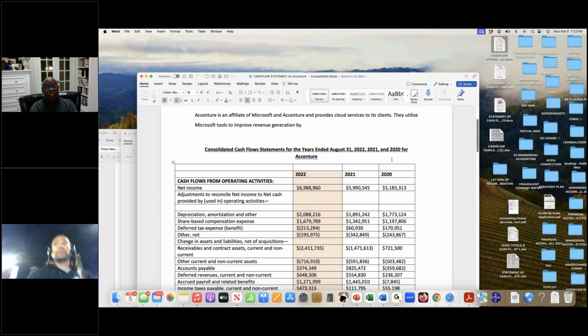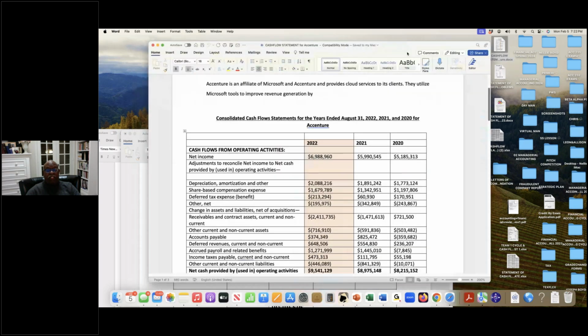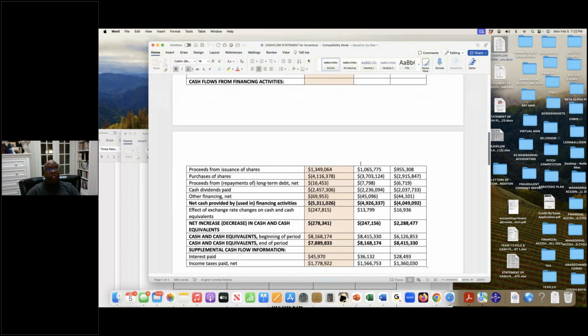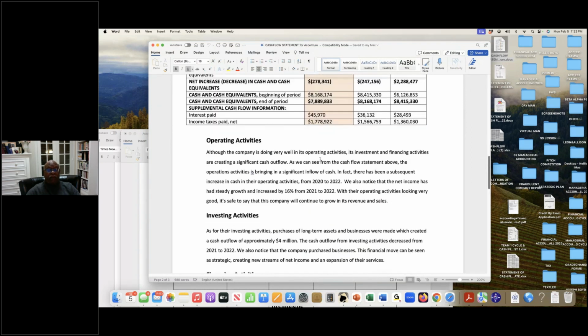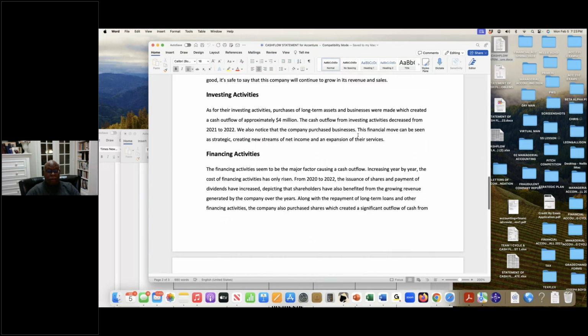So this is an easy assignment. She didn't calculate anything. She just pulled these numbers up. She talked about the 3 areas. She said the company is doing very well in operating, said a few things about it based on the growth, and then she made a decision.